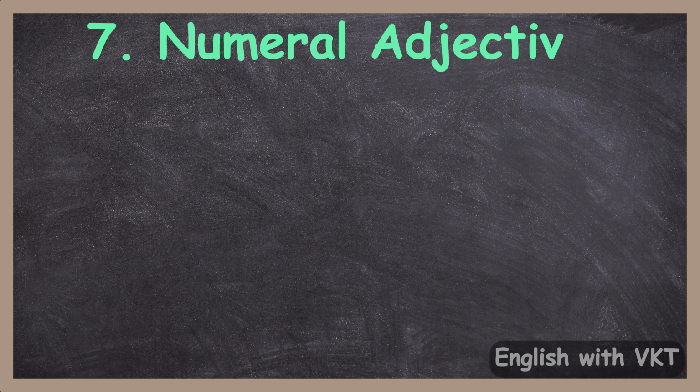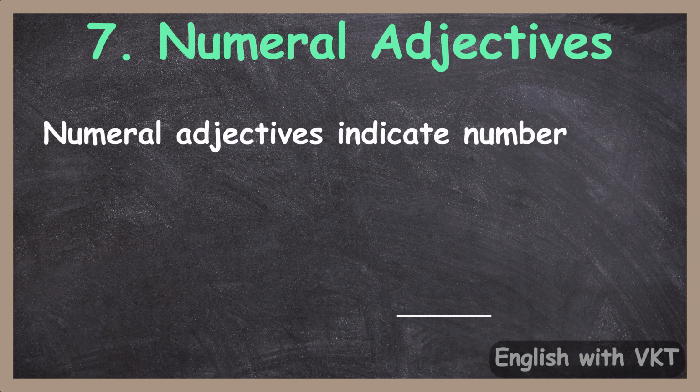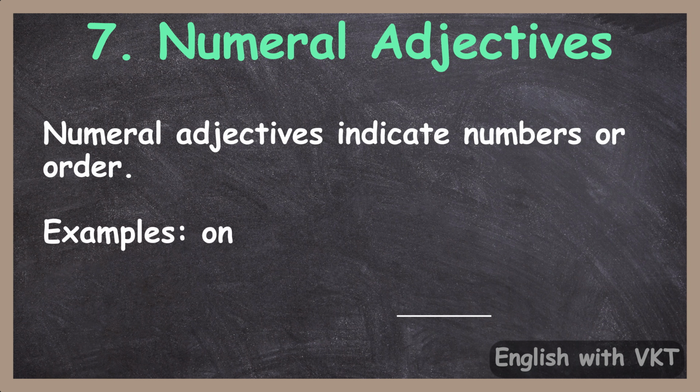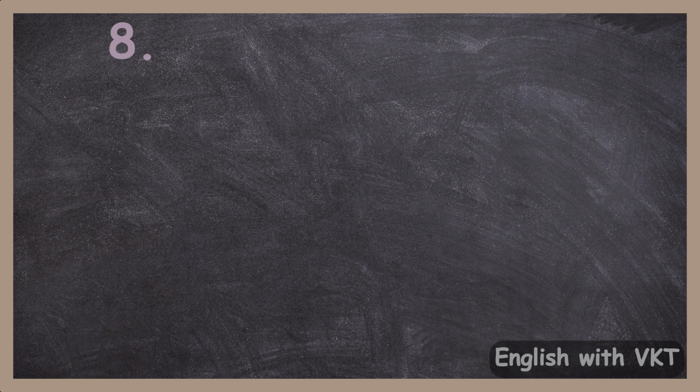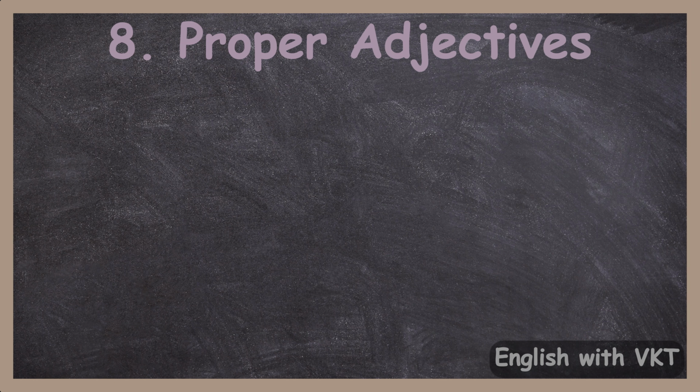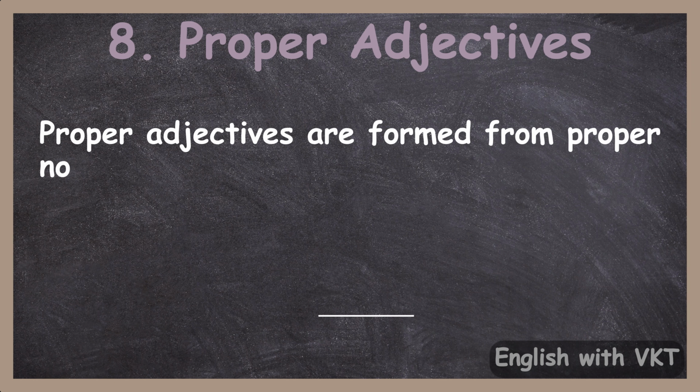7. Numeral adjectives. Numeral adjectives indicate numbers or order. Examples: 1, 2, third, first. Sentence: I finished in second place. 8. Proper adjectives. Proper adjectives are formed from proper nouns.